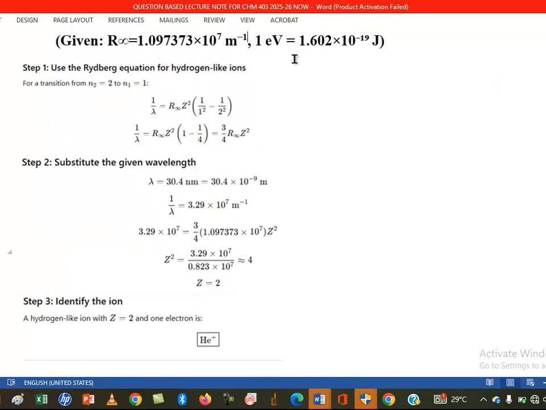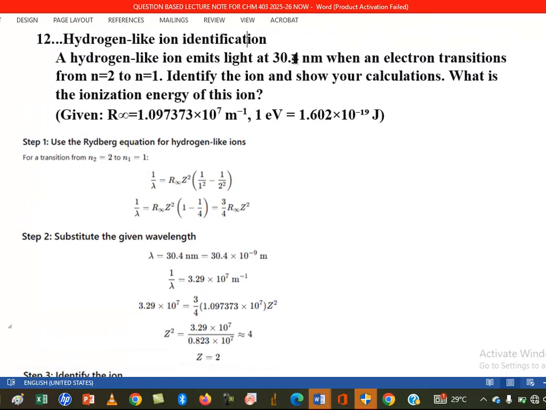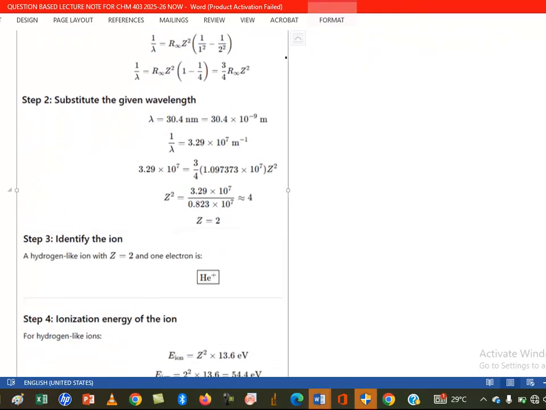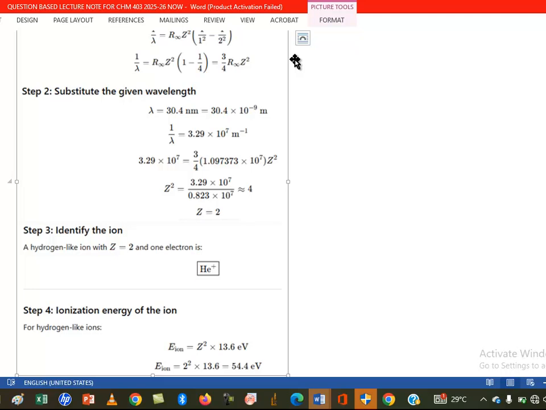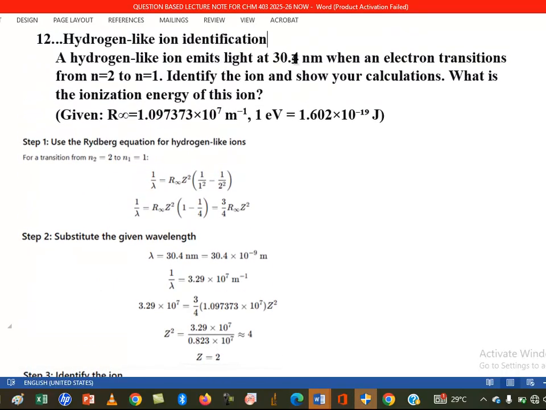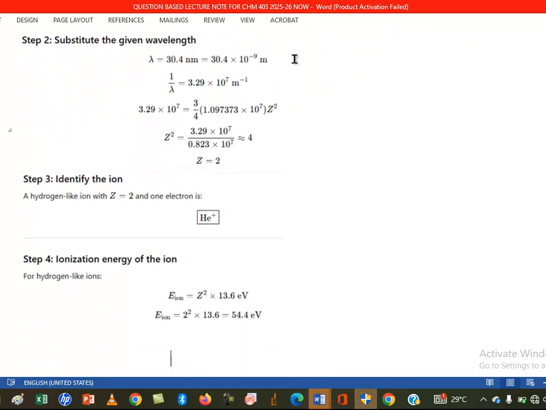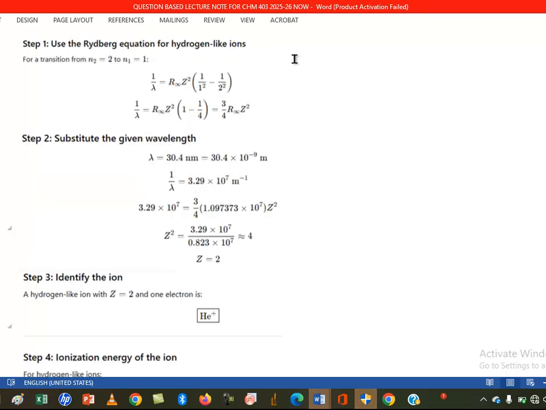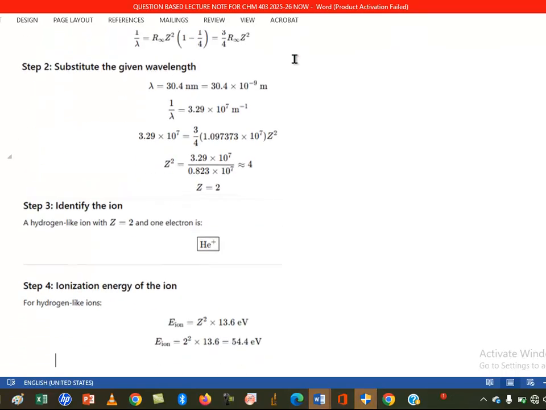Now, that is it for the z there. So now remember, we're looking at identifying the ion, which is our first solution. That's your first answer. So you have to identify the ion. That's what you're supposed to do. So when z is equal to 1, you know that's hydrogen.